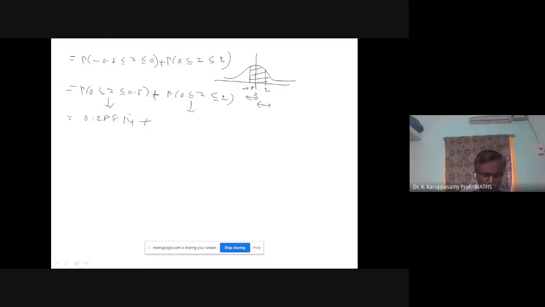Next, Q of 2 value. Q of 2 we already used in the previous problem. 0.47725. Adding the two numbers.